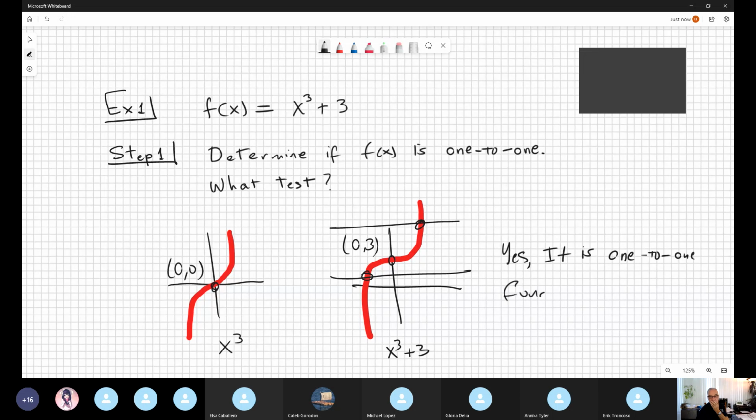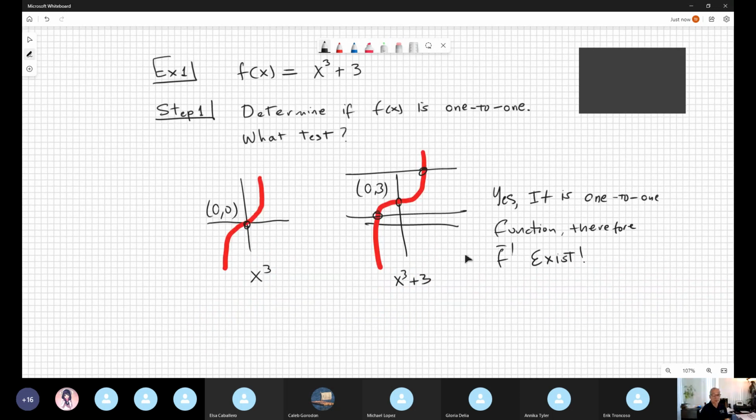Therefore, the inverse function exists. Okay. Now, what is the next step? Well, the next step is to determine the inverse function.